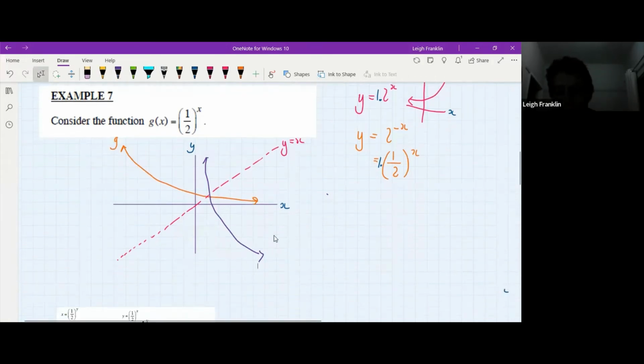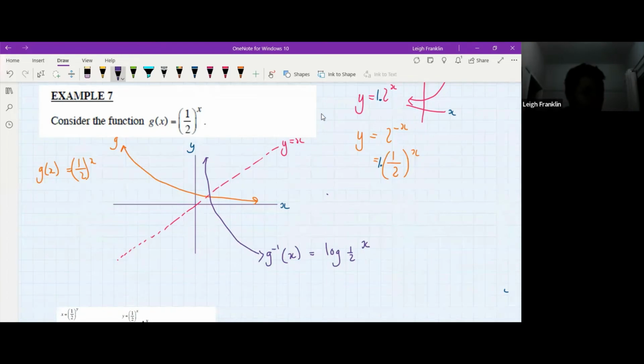So here is your inverse. And whilst g is going to end up being the graph g of x equals half to the x, this one over here is going to be log half x. Everybody happy with that?